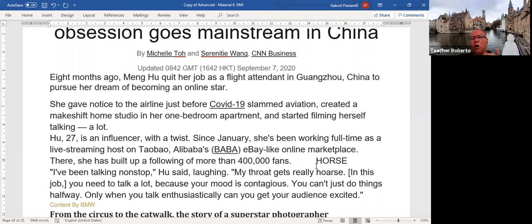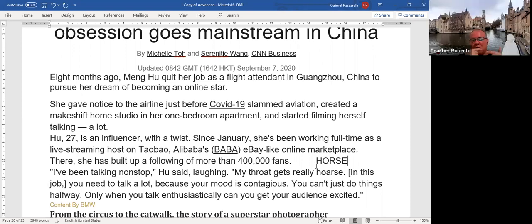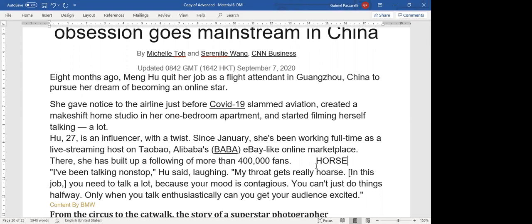It means my voice is not good. So she talks non-stop. You see, my throat gets really hoarse. This is one of the things that Americans sometimes joke about, because it's the same sound as the animal, understand?